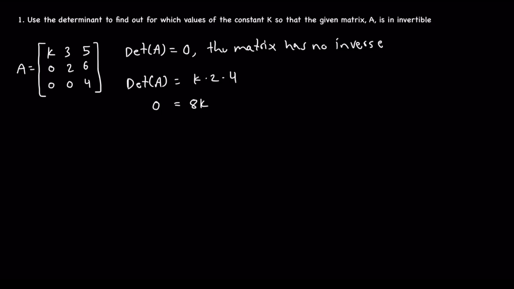So what value of k will make this 0? Let's just divide both sides by 8. So now we have k is equal to just 0. So when k is equal to 0, this makes the determinant equal to 0, meaning it's not invertible. So therefore we can conclude that k can be anything except 0. So k cannot equal 0 for invertibility.